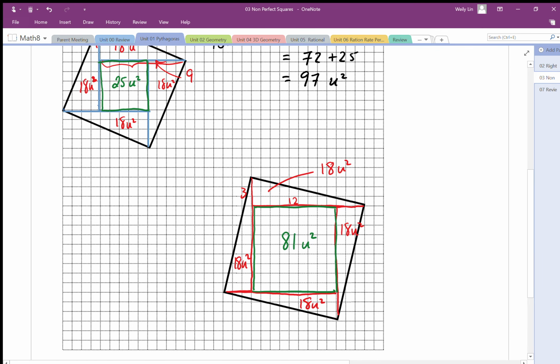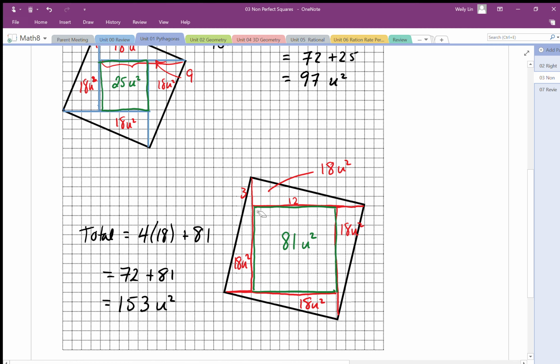So working out the total area of this square, it's going to be 4 times 18, since there are 4 right triangles here, and we're going to add the 81 squares in the middle. So we end up with 72 plus 81, and that's going to give us an area of 153 units squared.